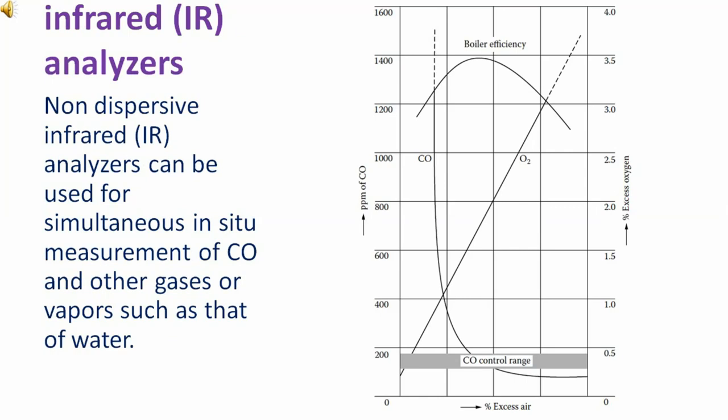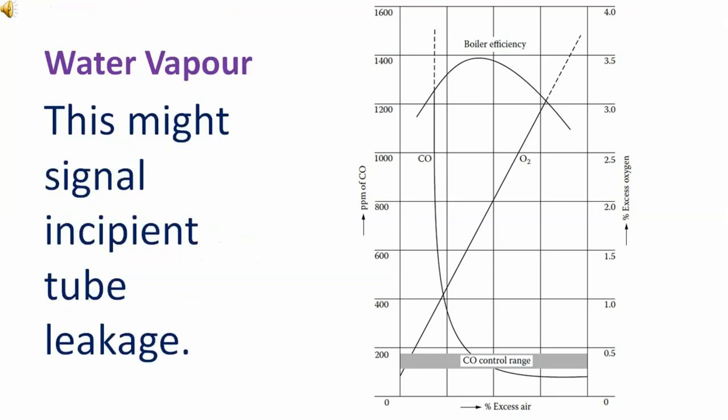Non-dispersive infrared analyzers can be used for simultaneous in situ measurement of carbon monoxide and other gases or vapors such as that of water. This might signal incipient tube leakage.